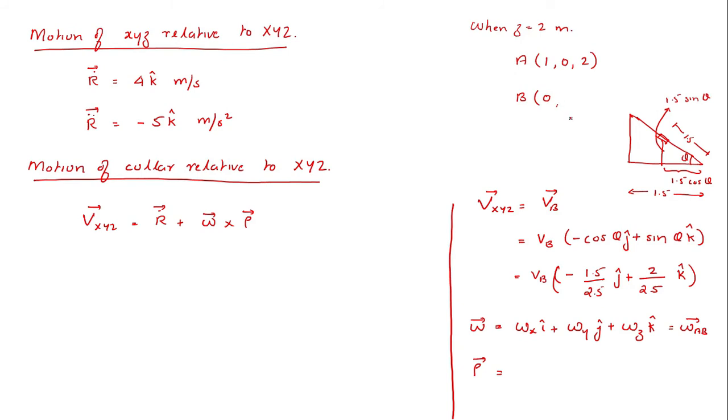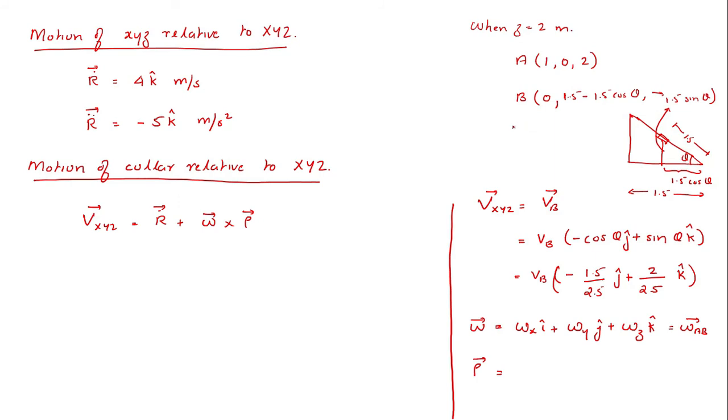So as such, my position coordinate B along x is 0, along y it will be 1.5 minus 1.5 cos theta, and along z it is 1.5 sin theta.